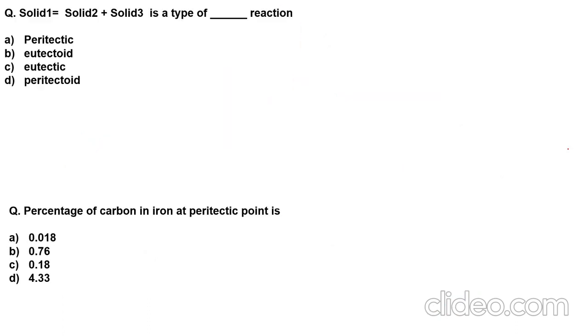Okay, so now we have another question. It says that you have a liquid which is getting converted into two solids on solidification, because this is a phase diagram, and these are all solidification reactions. So what kind of a reaction is it? Is it peritectic, eutectoid, eutectic, or peritectoid?